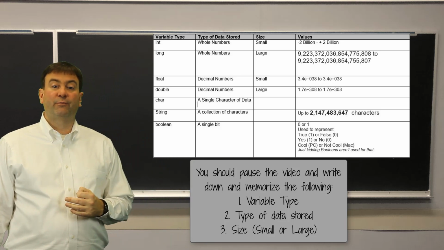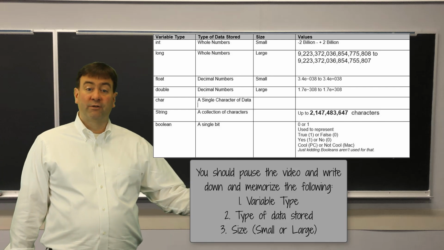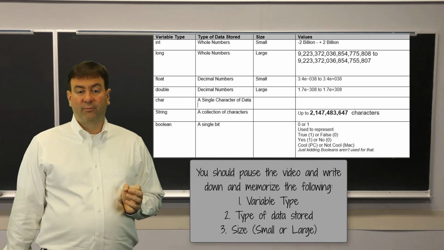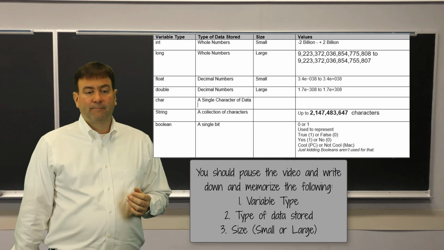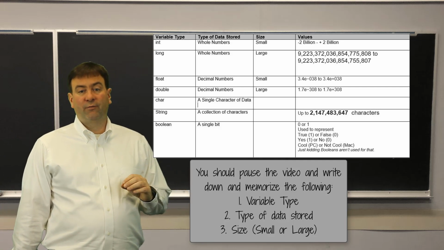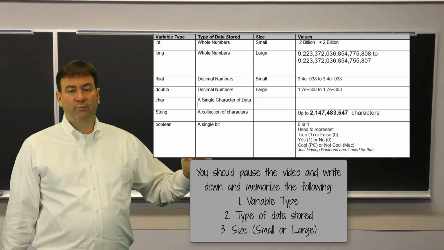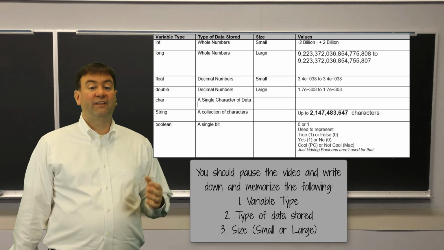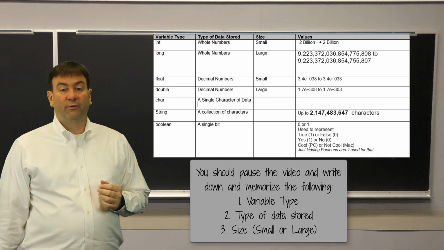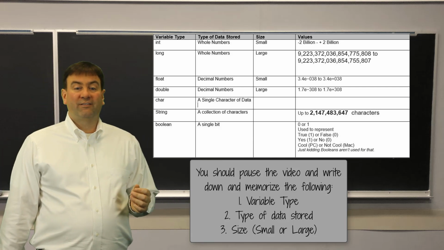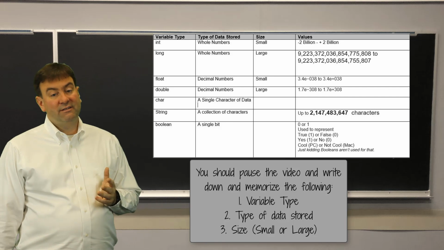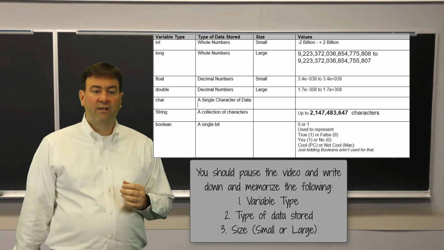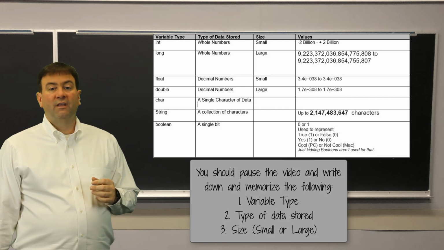In the case of numbers with a decimal point, you have float, which is smaller decimal numbers, as in 3 times 10 to the 38th, or double, which stands for double precision floating point decimal, and it is the large version of a decimal, which goes from 1.7 times 10 to the 308th to -1.7 times 10 to the 308th. Incredibly large.